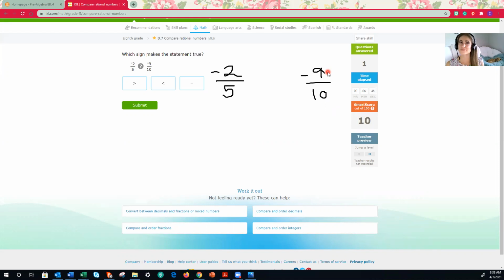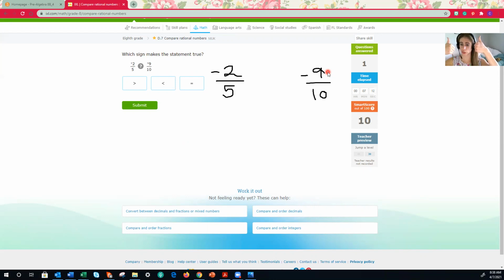which I guess you technically could do that and still compare these, but that's not really best math practice because we either need to have a fraction or a decimal, not a combo. That means I'm going to find the least common denominator, and I'm going to multiply one of my fractions.